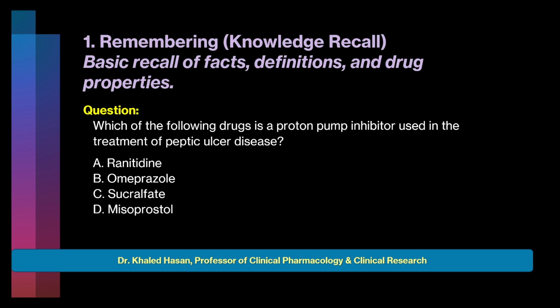A. Ranitidine, B. Omeprazole, C. Sucralfate, or D. Misoprostol. So the correct answer will be omeprazole. Here we talk about proton pump inhibitors, PPI. Okay, this is the first level.